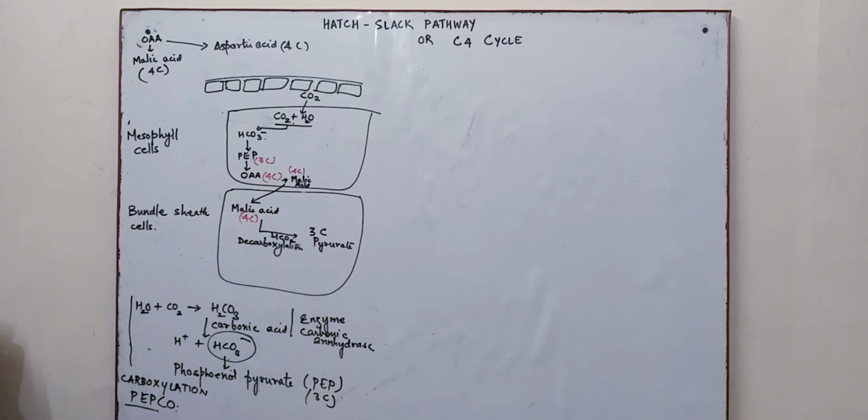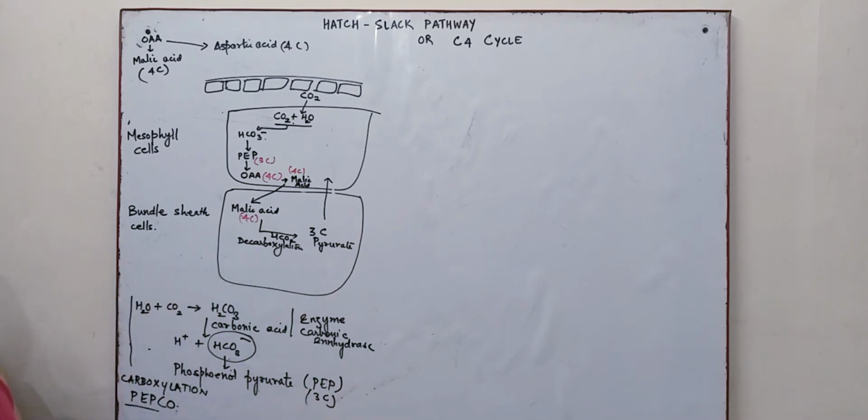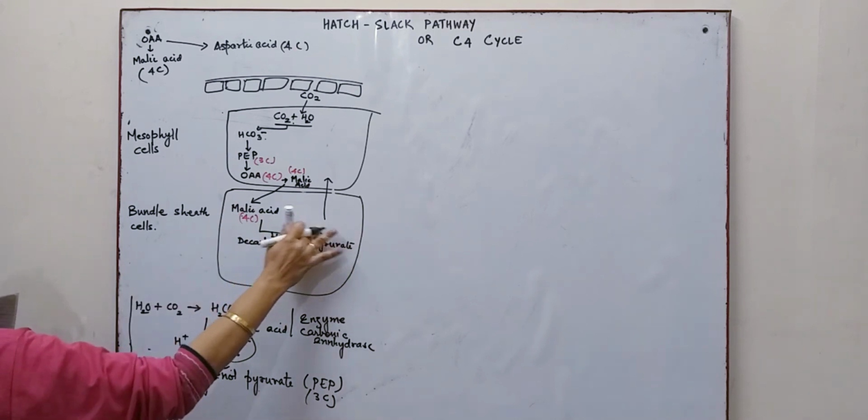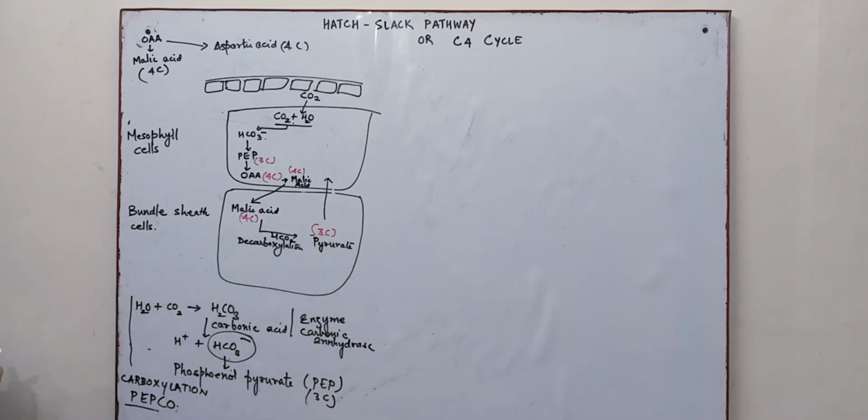This 3-carbon compound pyruvate diffuses back into the mesophyll cell. Now this pyruvic acid is without phosphate because there is no phosphate group attached over here.